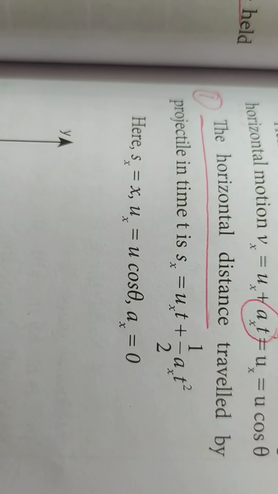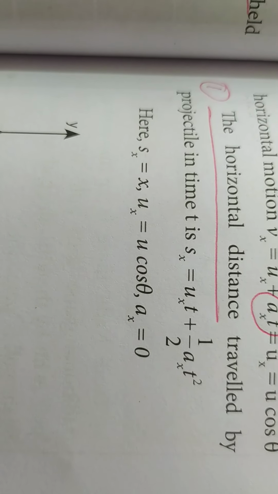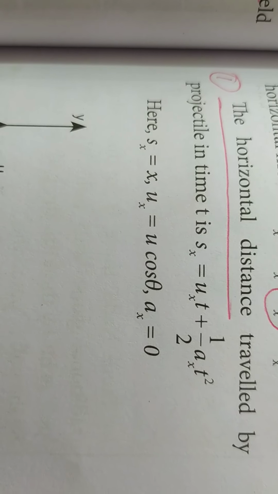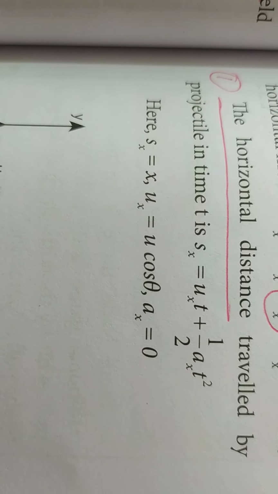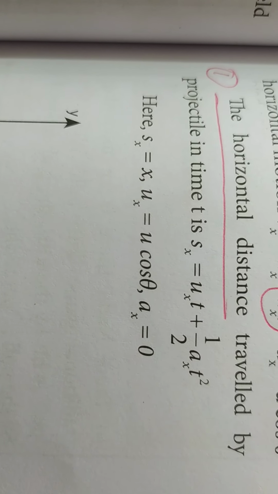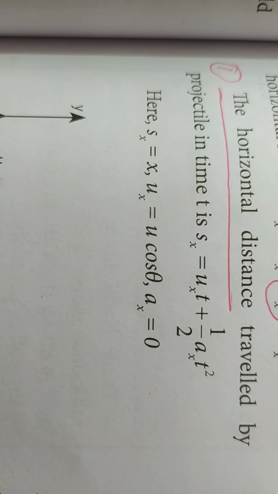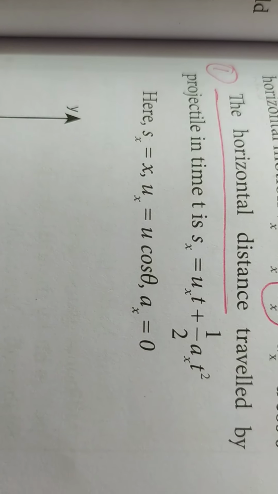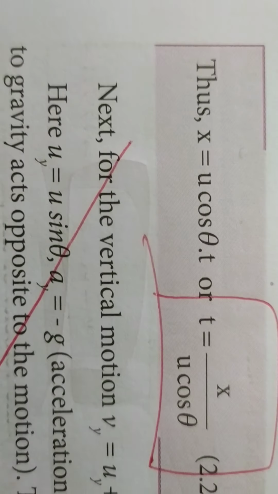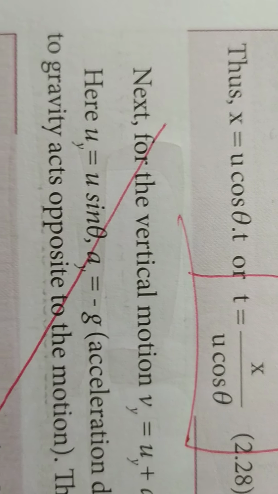Next we see the horizontal distance travelled by the projectile in time t, given by the formula Sx is equal to uxt plus half axt square. Since it is the horizontal direction, the distance can be taken as x, ux is u cos theta, and there is no acceleration along the horizontal direction, so ax becomes 0. Substituting these values, you will get x is equal to u cos theta into t, or t is equal to x by u cos theta.